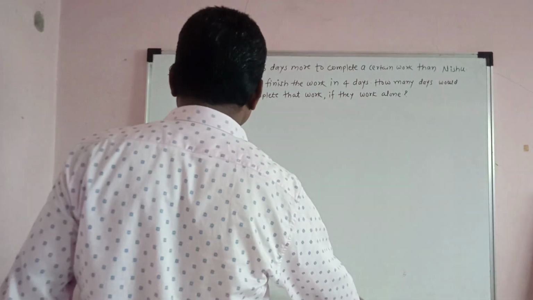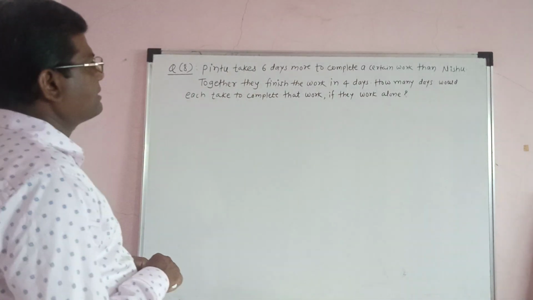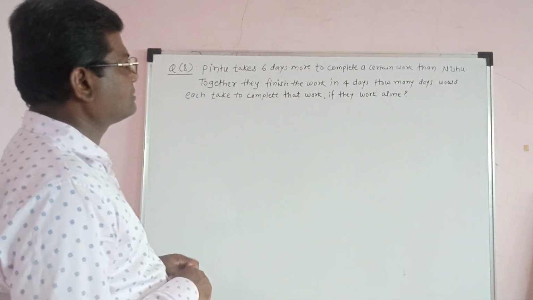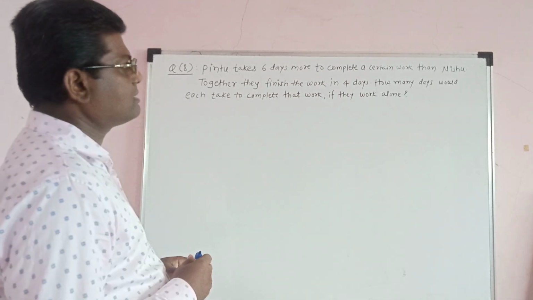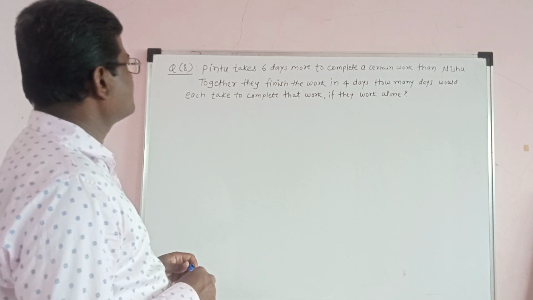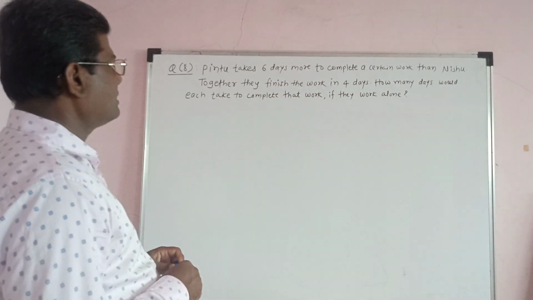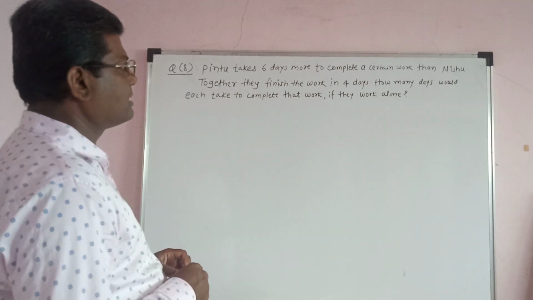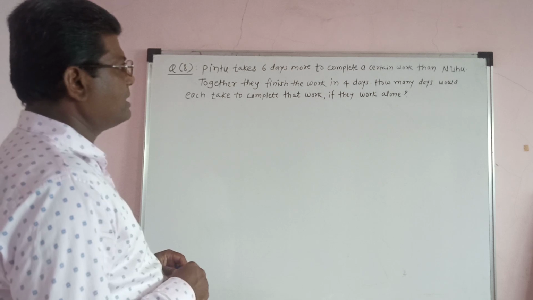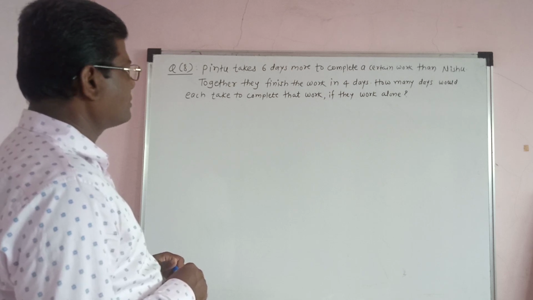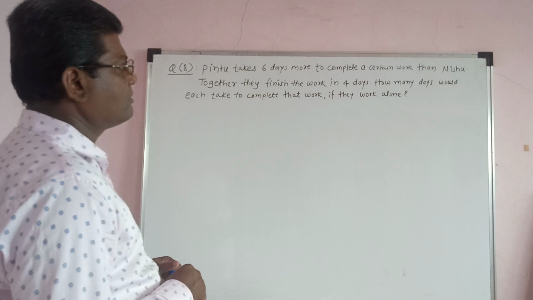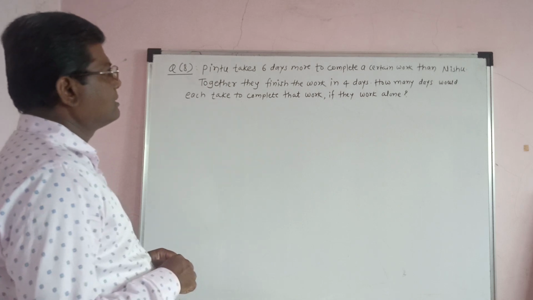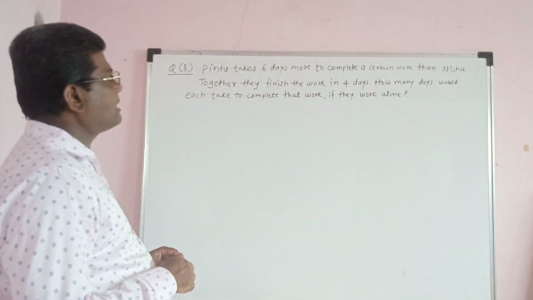Example number 8. Pinto takes 6 days more to complete a certain work than Nishu. Together they finish the work in 4 days. Then how many days would each take to complete that work if they work alone? There is a Nishu and Pinto.